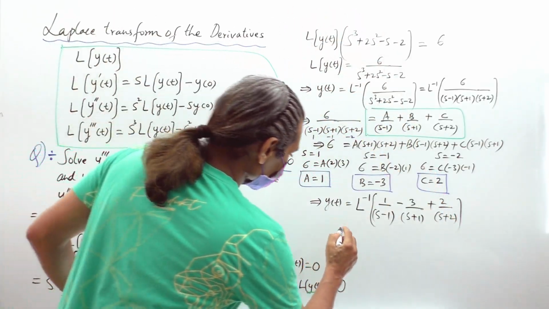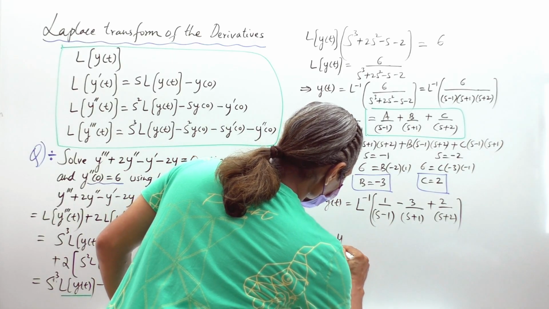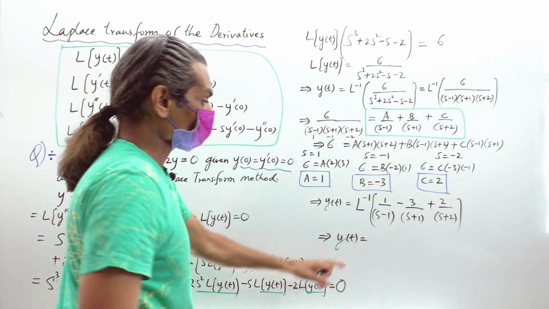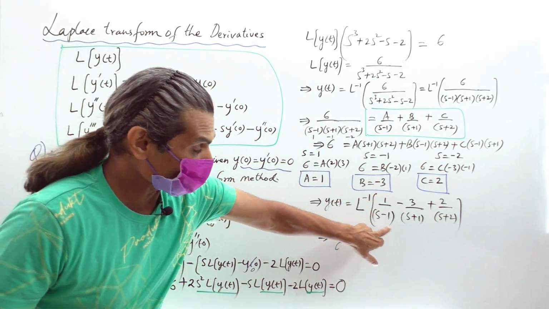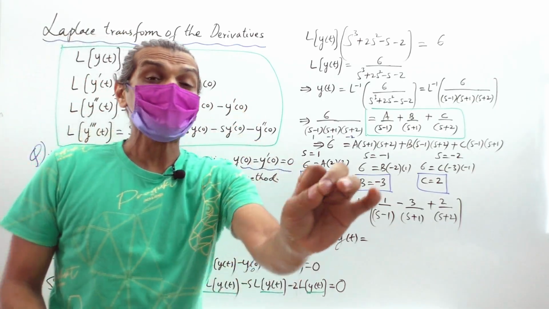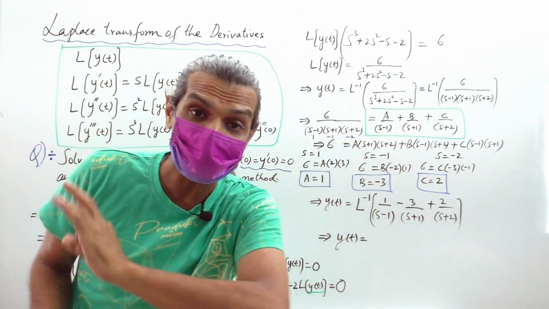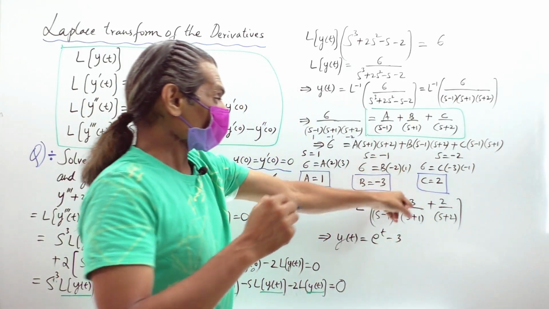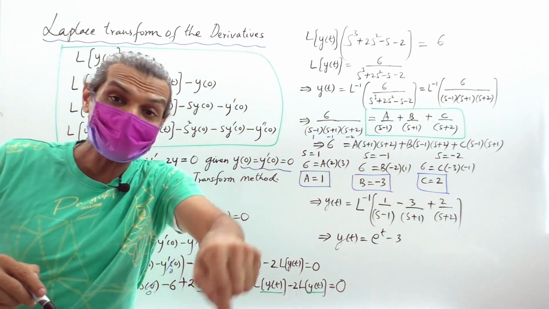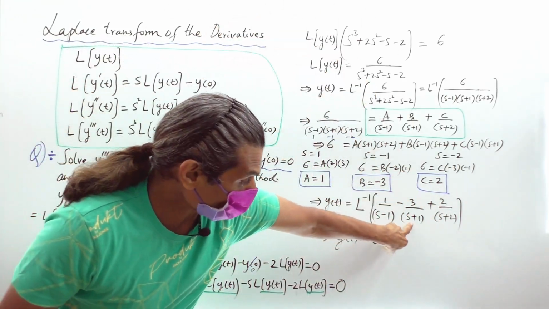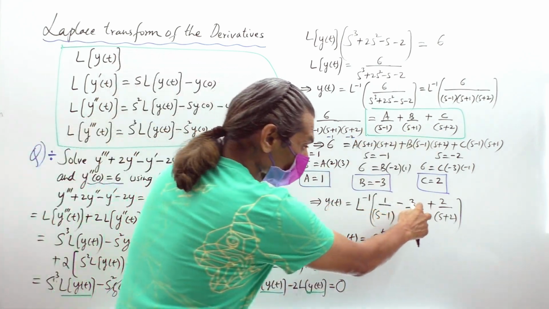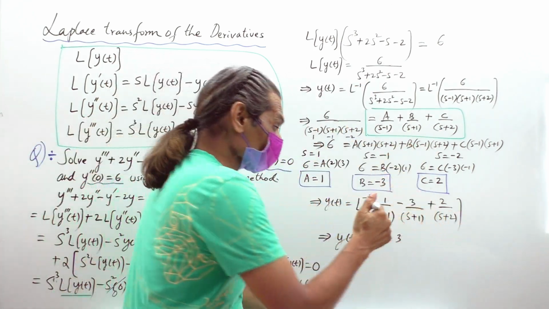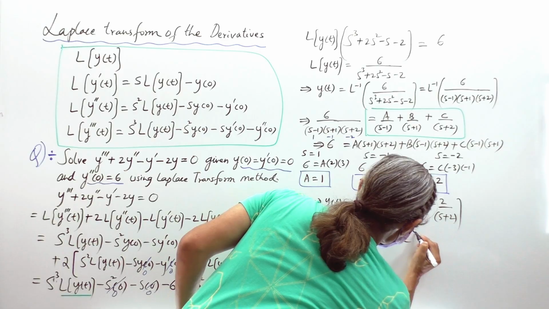So now y of t equals 1 by s minus a. What's a? 1. Laplace inverse of 1 by s minus a is e raised to at, and a is 1 here, so e raised to t. Minus 3 into Laplace inverse of 1 by s plus a is e raised to minus at. See s plus 1 here, so e raised to minus t.